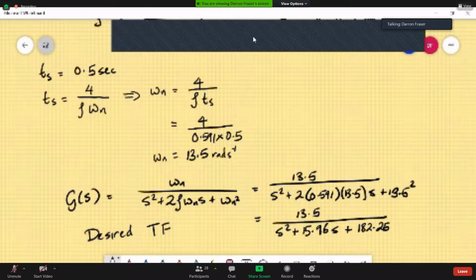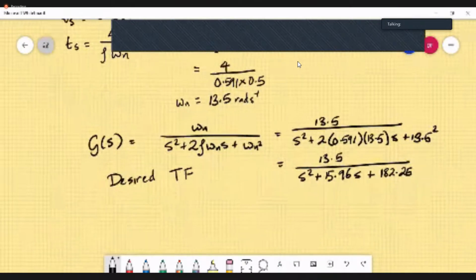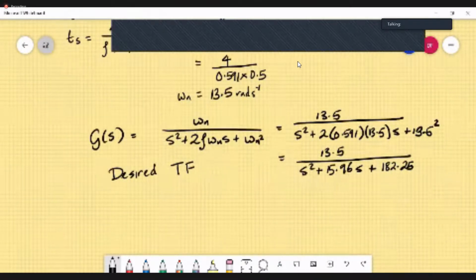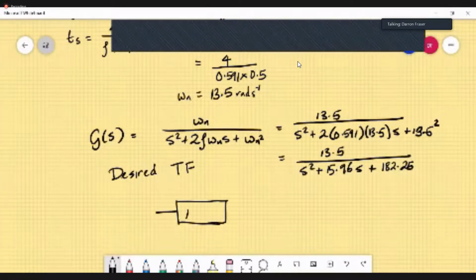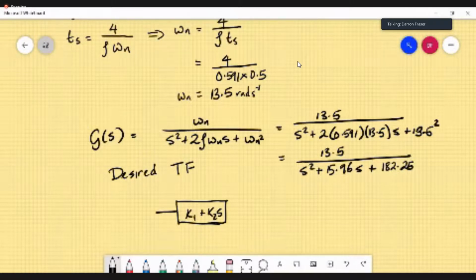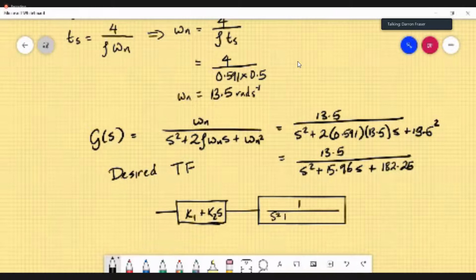So this is our system that we have. So it's K1 plus K2 s, times 1 over s squared plus 4s plus 3.